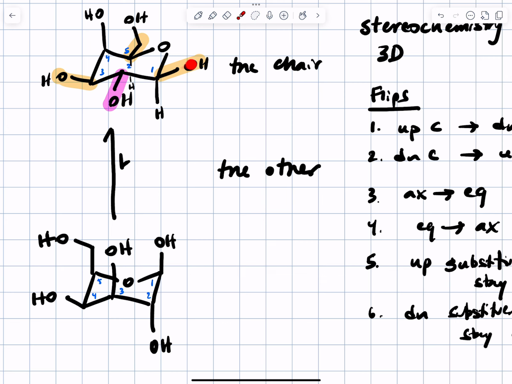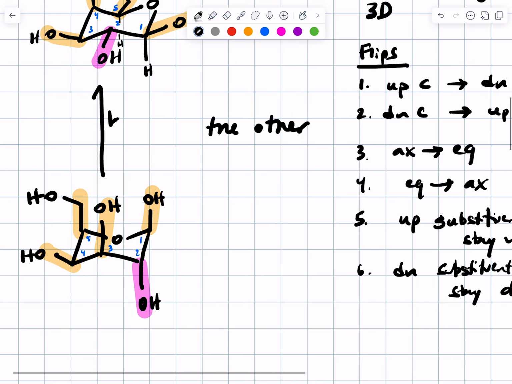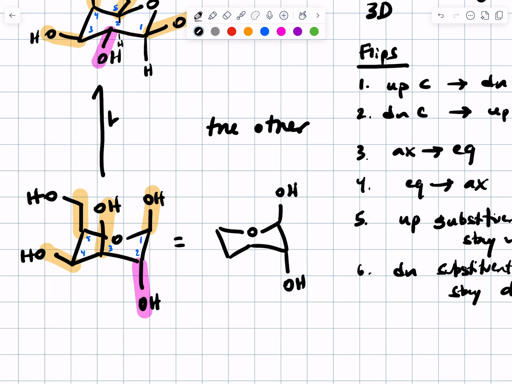Then notice all of my groups that used to be up in the drawing above are still up in the drawing below, and the group that was down is still down here. So it wouldn't have changed anything if I had drawn the molecule this way. It's like I literally just took a step to the side and now I'm viewing the molecule from a slightly different perspective.